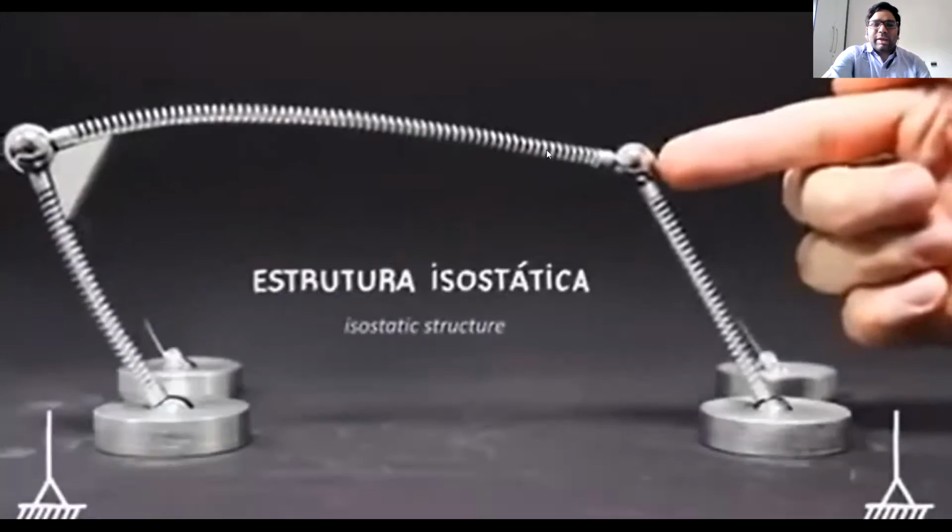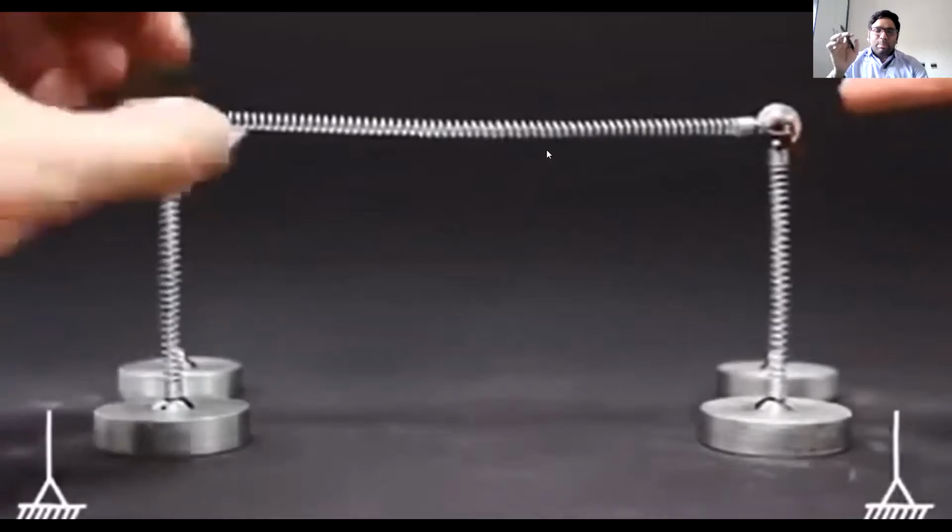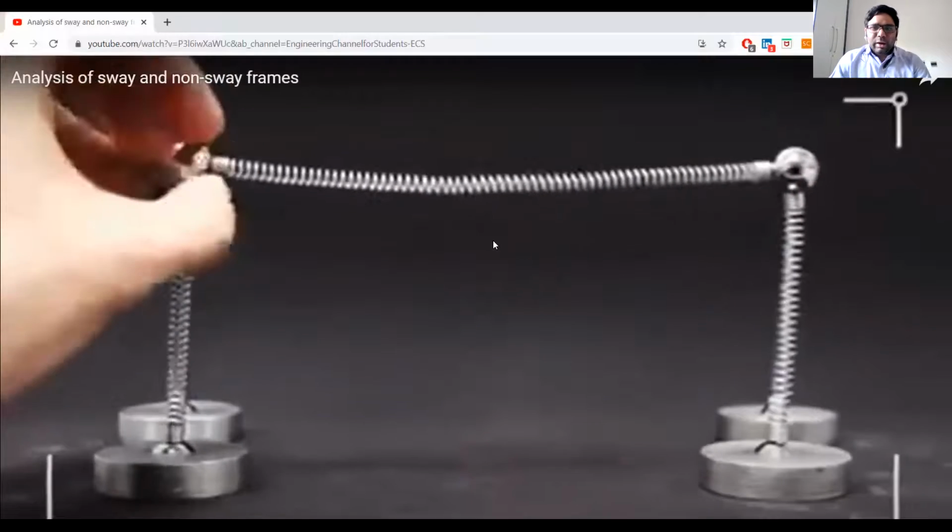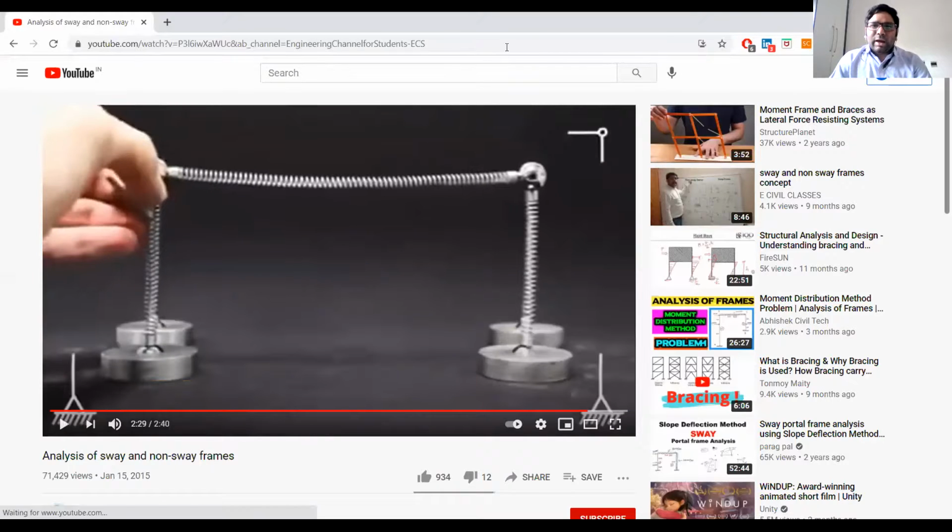You can see that here, right? Hypostatic means both edges are pinned. If both edges are pinned as well as rigid, then it is hyperstatic. If one end is pinned and one end is rigid, it is called isostatic. That is the difference you need to understand overall.